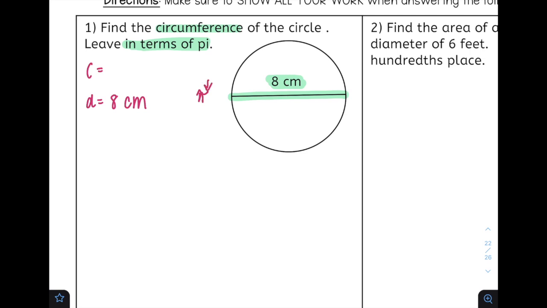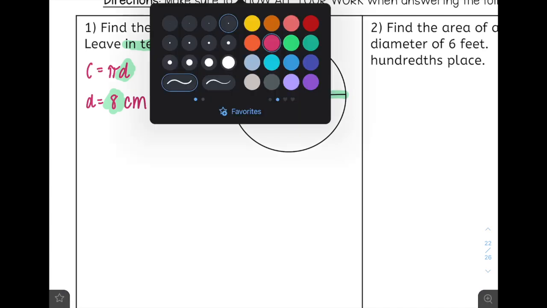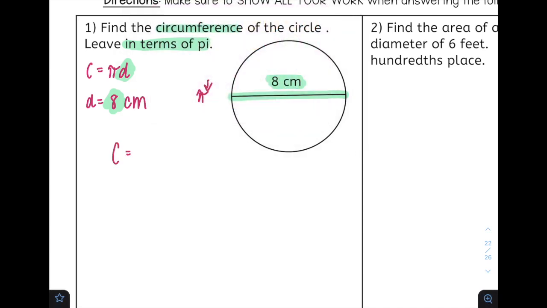Okay. Circumference, my formula is going to be pi times diameter. The good thing is they already give me the diameter, so all I have to do is substitute the value into the formula. So we're going to have circumference equals pi times, and then you're going to substitute in 8.